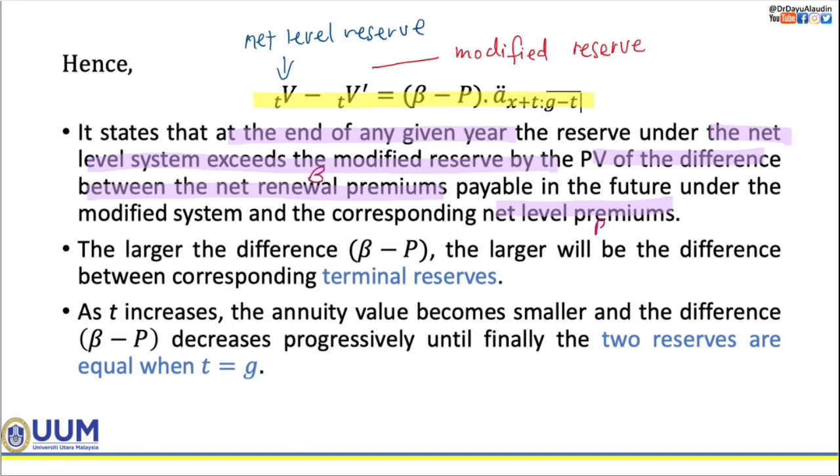The larger the difference beta minus P, or the renewal premium minus the net level premium, the larger will be the difference between the corresponding terminal reserves. Terminal reserve is the reserve at the end of the policy year. As t increases, the annuity value becomes smaller and the difference beta minus P decreases progressively, until finally these two reserves are equal when t equals G.